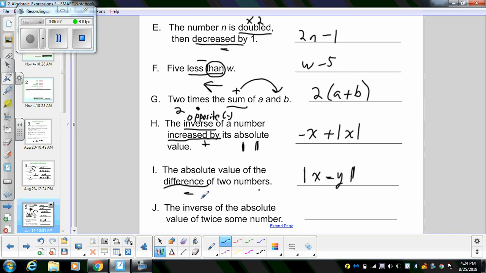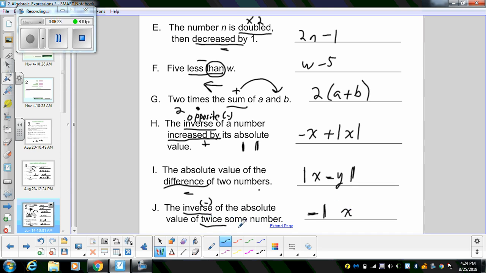J here says the inverse. So the inverse, we now know there's going to be a negative. Again, inverse means negative. Of the absolute, so I know I got bars coming, of the value, so I know there's a value in here, of twice some number.